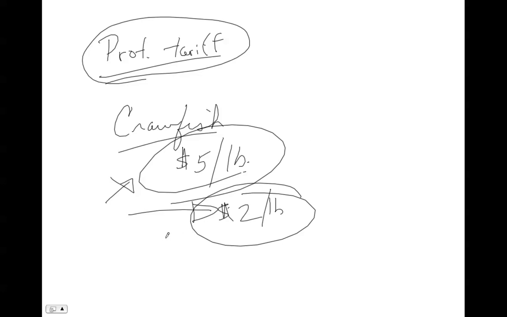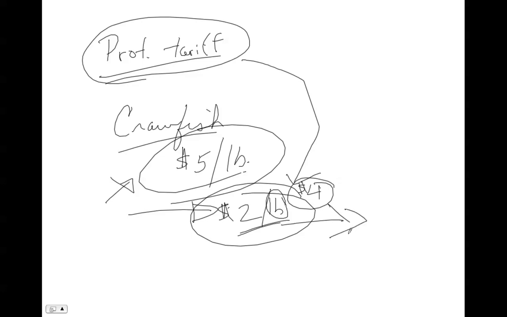Okay, so this is not good. So what could we do to ensure that you do not become an alcoholic because you go out of business? Well, you could put a protective tariff on these Chinese crawfish. So for every pound of crawfish that comes in, let's say we put a $4 tariff on it. So they have to pay a $4 tax, which means then what?